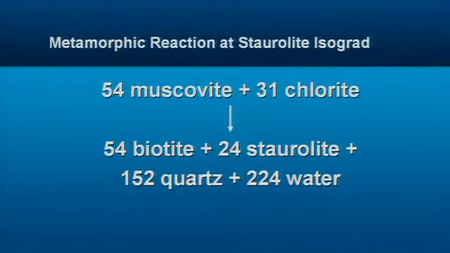What was that reaction? 54 muscovite or white mica plus 31 chlorite, the mineral chlorite, produces 54 biotite, 24 staurolite, 152 quartz, and 224 water. At this line, there's a lot of water. So I said before we collected the samples, I predict that we're going to find more polonium radiohalos right at that point.